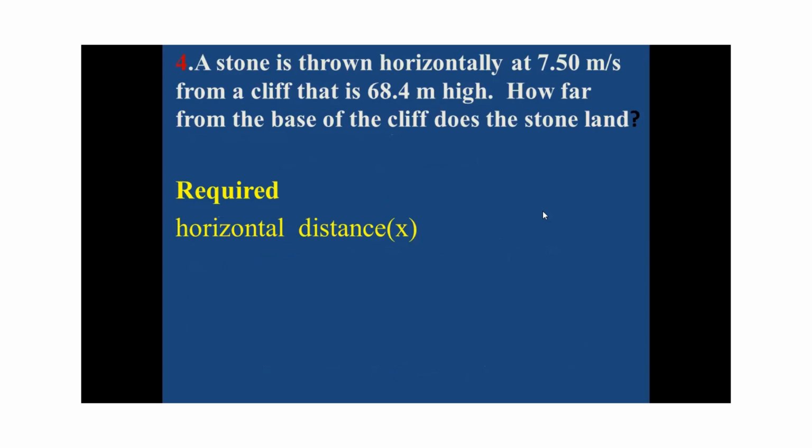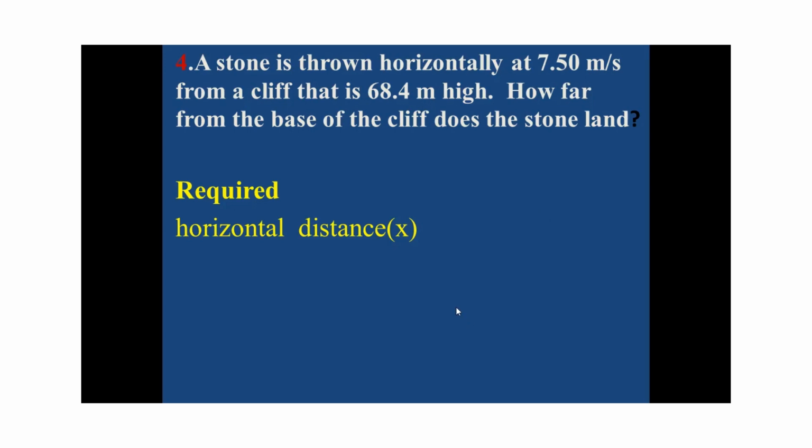The stone is projected from a height of 68.4 meters and strikes the ground, moving downward. So the change in displacement is negative in this case. The horizontal component of the velocity is 7.5 meters per second. There is no vertical component of the velocity.